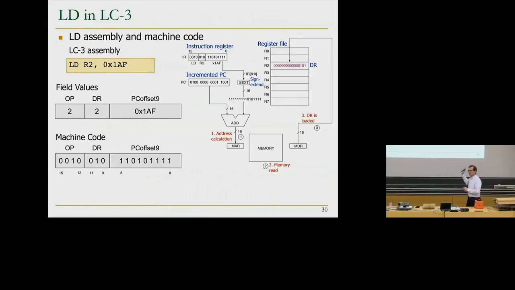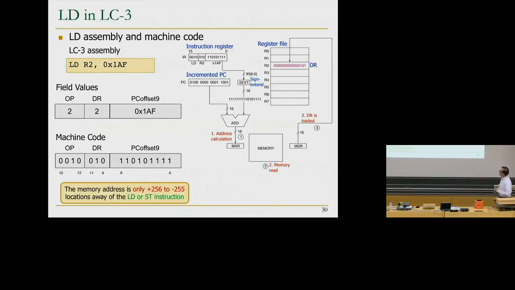So you've seen something similar yesterday, so it shouldn't be a surprise. Clearly, in this case, the memory address is only plus or minus 2 to the 9. I guess it's because it's a 2's complement. You have 9 bits. You can express the 2's complement integers that are between 2 to the 8 minus 1 and minus 2 to the 8, which are essentially 255 and minus 256.